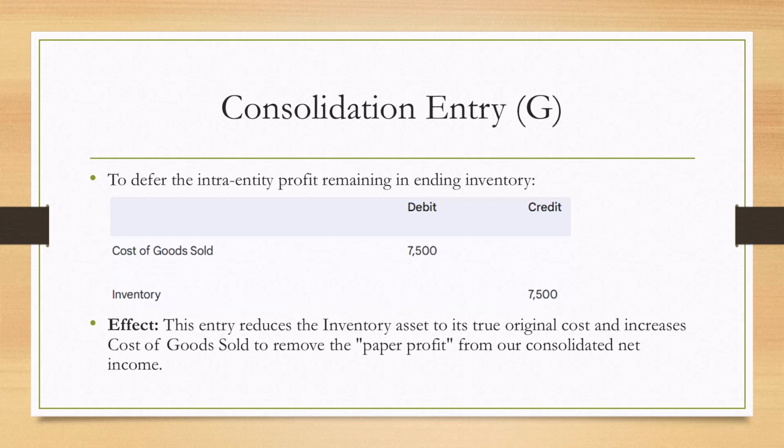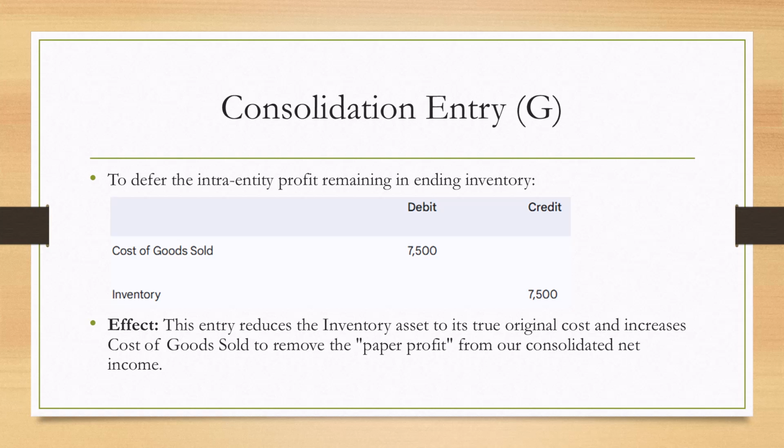And here is the final step in our investigation for this year: making the worksheet entry to defer that profit. We use consolidation entry G. We debit cost of goods sold for $7,500, and we credit inventory for $7,500. Let's think about the effect.